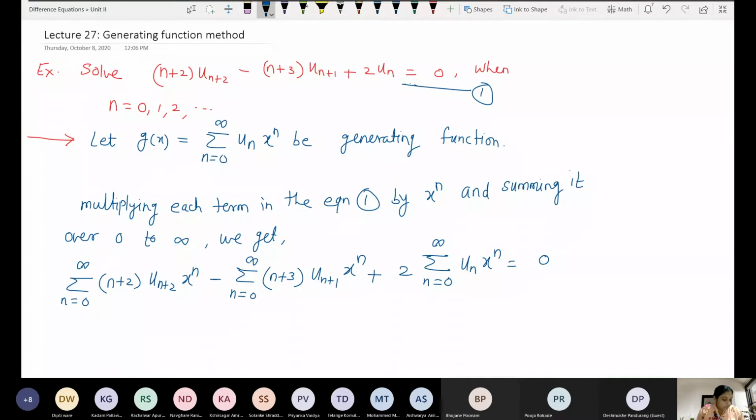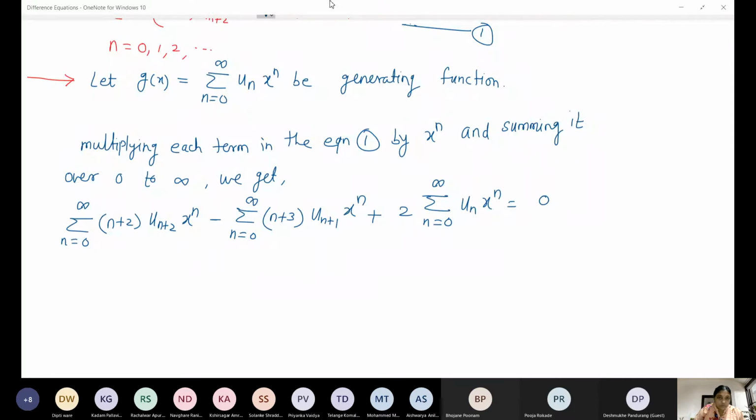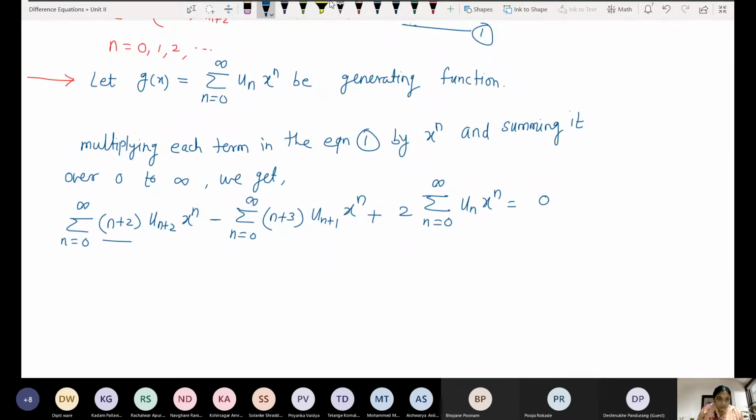Now what we will do, we will make change of index in first two summations. Here I want un, here I am having n plus 2. So what change I want to make here? Here it is un plus 2, here it is un plus 1.